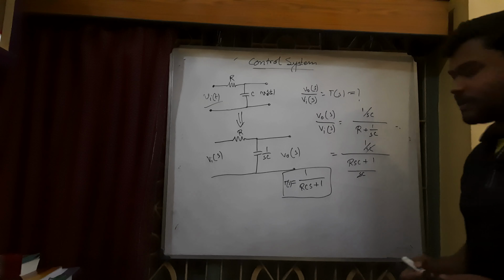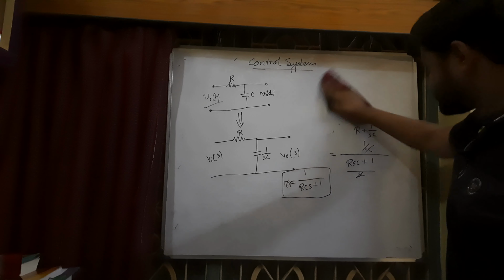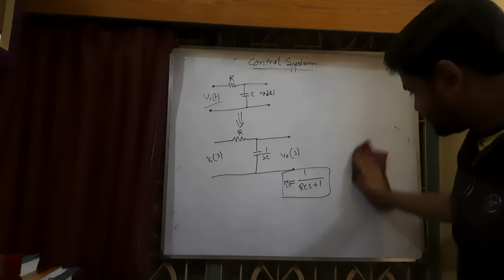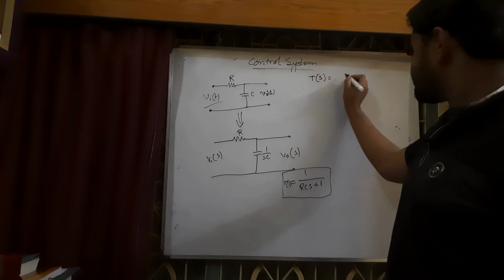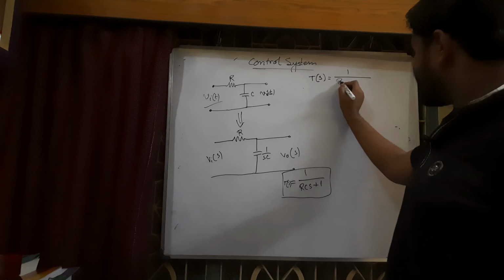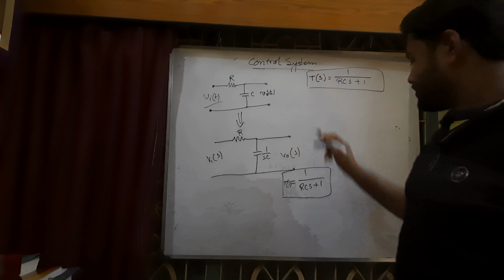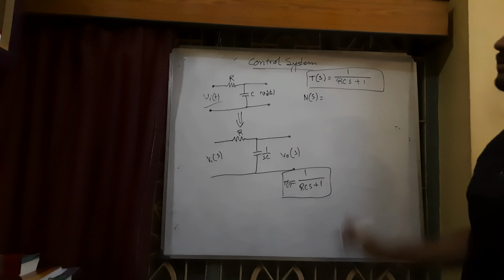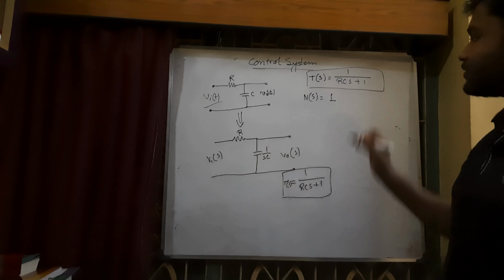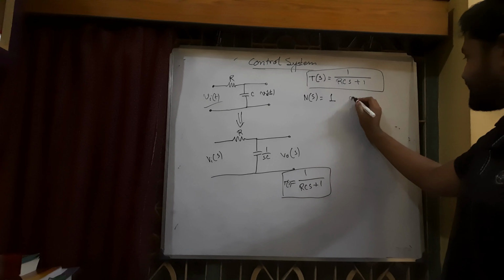Now let me do a little analysis of this transfer function. The transfer function of this system is 1 by (RCS plus 1). So what is the numerator N of s? It's simply 1. What is the order of the numerator, that means m?